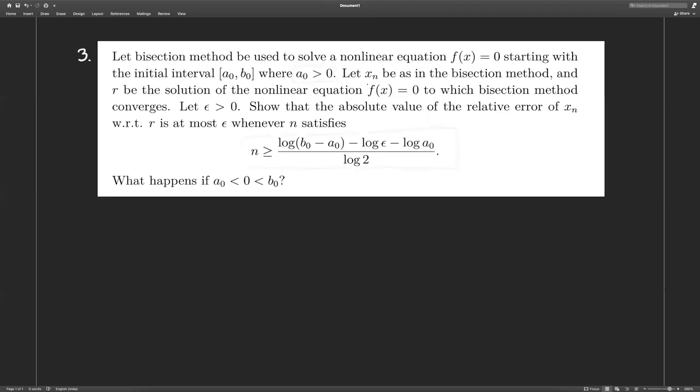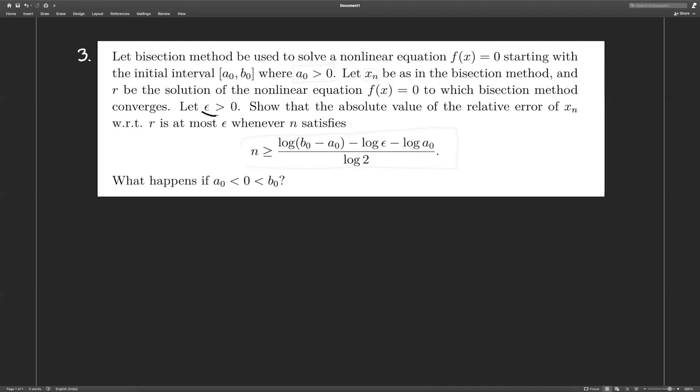Now, as usual, we go on finding the xn's, which are precisely the midpoint of the interval [an-1, bn-1], right? Using the bisection method, and r is a root of the equation f(x) = 0, to which our bisection method has converged.